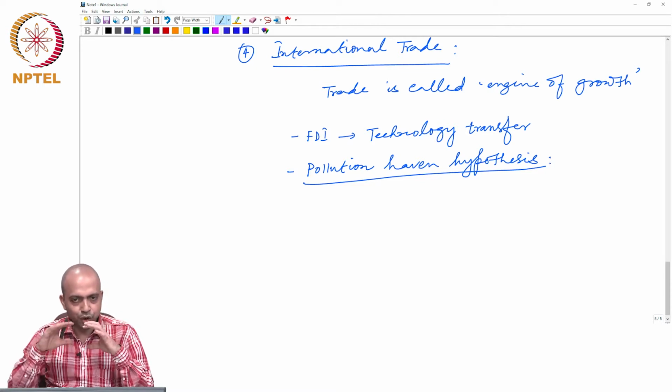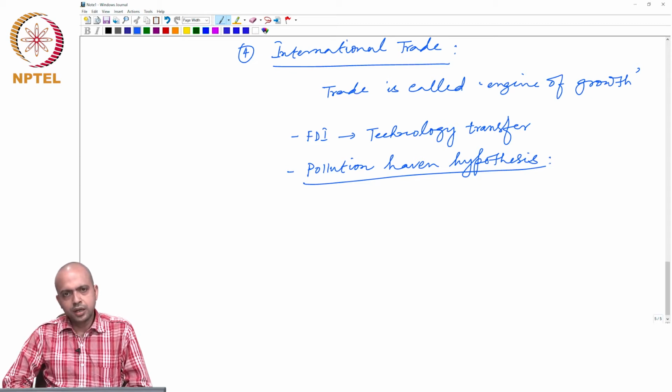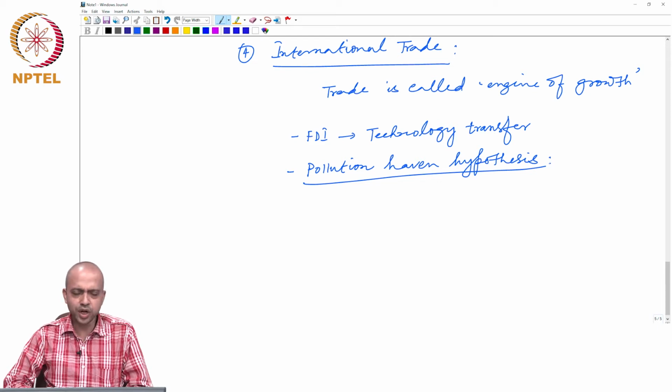If we compare developing nations and developed nations, generally what we observe is that in developing economies the environment is not a priority, because they need more income and more growth to alleviate poverty and improve their standard of living. They cannot afford to implement stricter or stringent environmental regulation.